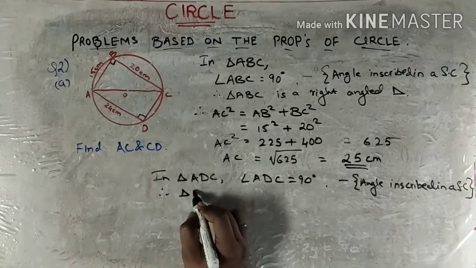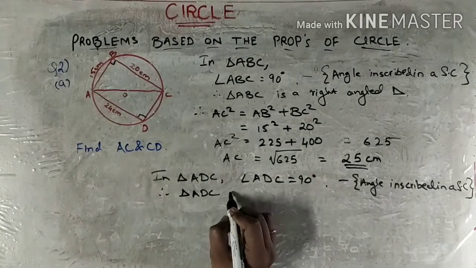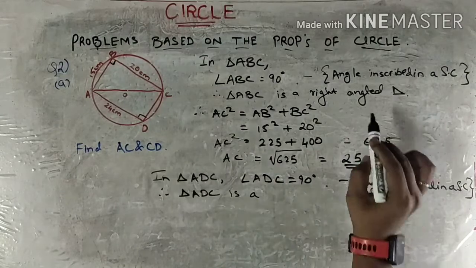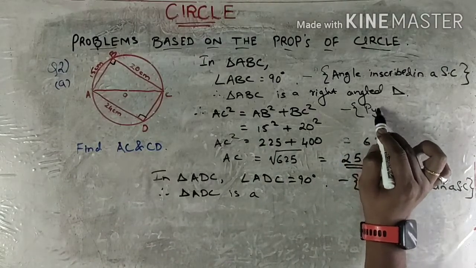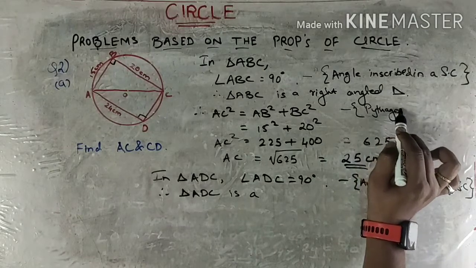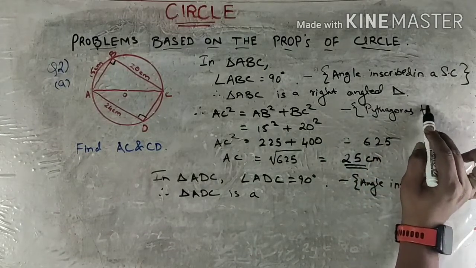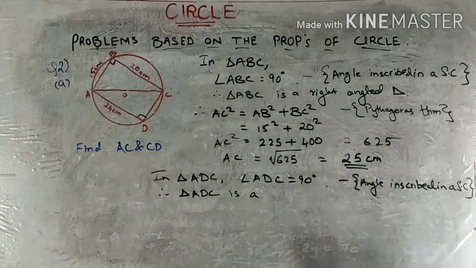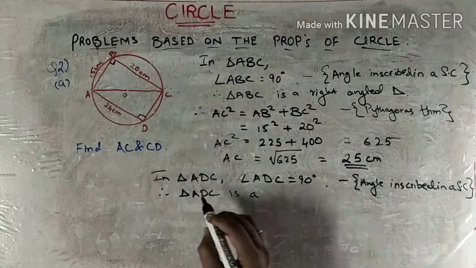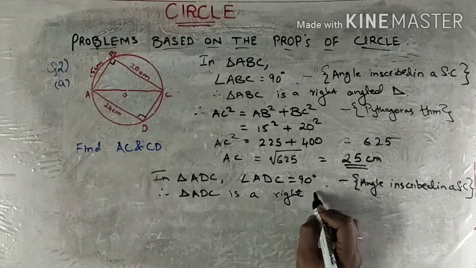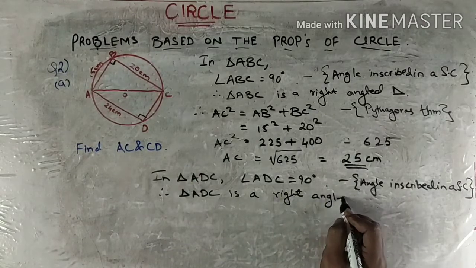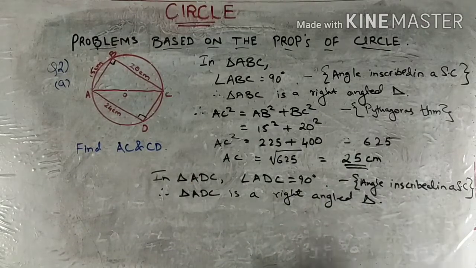Therefore triangle ADC is a, over here you need to write the reason, by Pythagoras theorem. Okay, so triangle ADC is a right angled triangle.